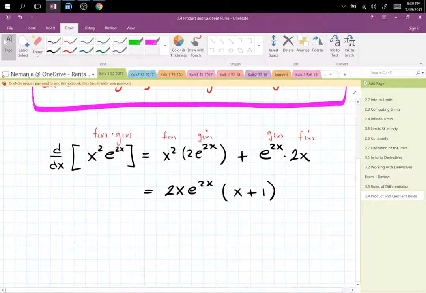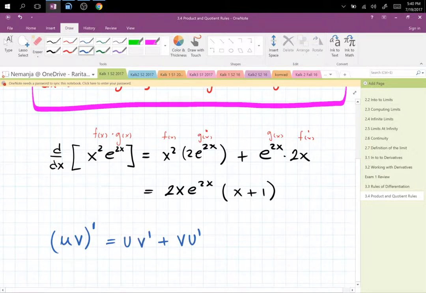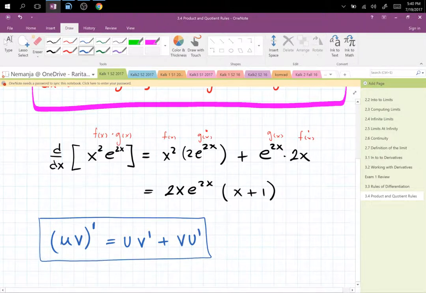Now, some people like to see this formula in terms of the function variables u and v. So the other form is the derivative of u times v is u v prime plus v u prime. This is obviously the same formula, just using different notation. u is u of x, and v is v of x.